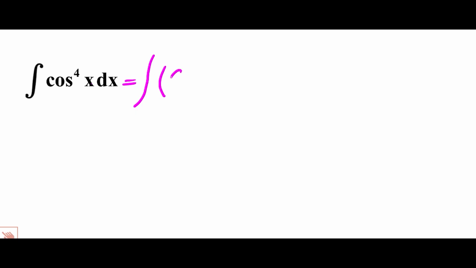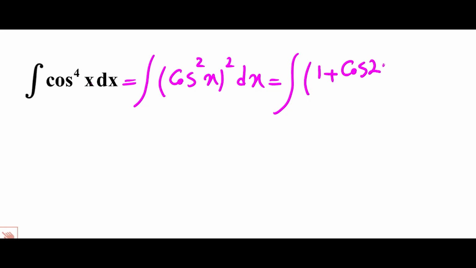The integral of cosine to the 4th power of x dx equals the integral of cosine squared of x, squared, dx. So as you know, cosine squared x equals (1 plus cosine 2x) over 2, whole squared, dx.